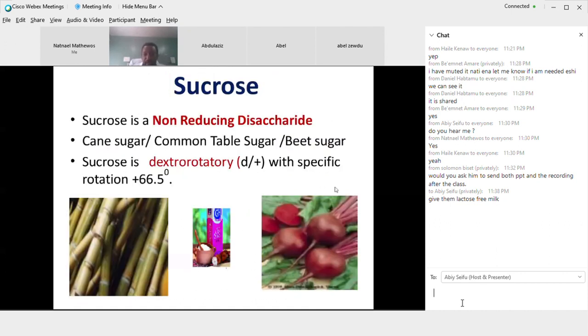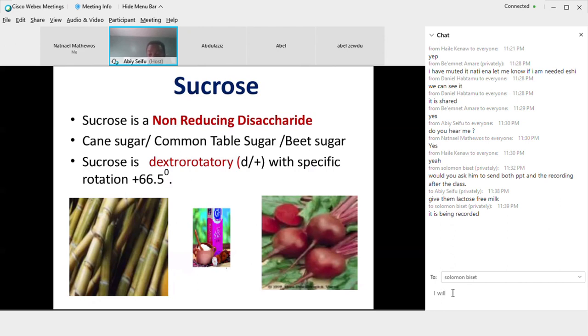The other disaccharide is sucrose, and sucrose is a non-reducing sugar since it lacks free OH at the carbonyl carbon in both glucose as well as fructose. And sucrose is naturally dextrorotatory.